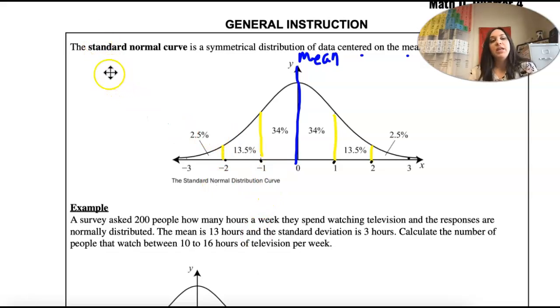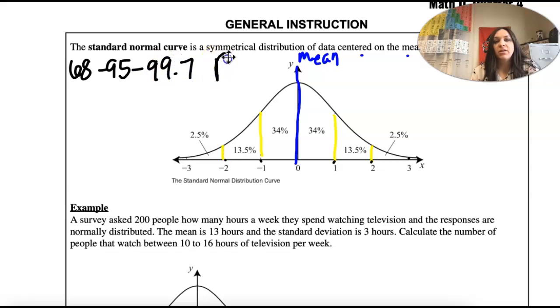Okay, so one thing we do is there's a rule that you're going to see in a lot of your self-checks, and we call it the 68, 95, 99.7 rule. So that means 68% of the data is within 1 standard deviation.